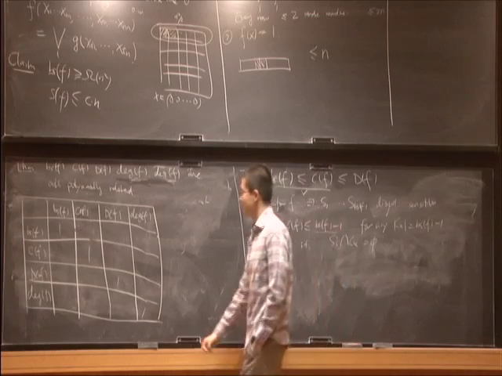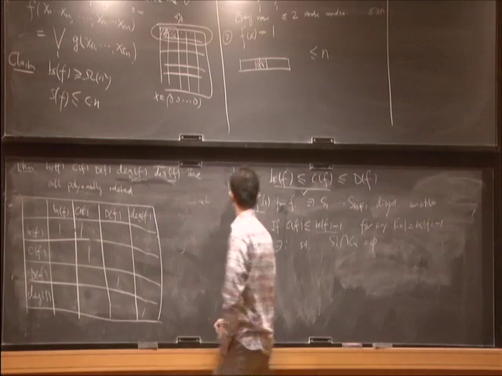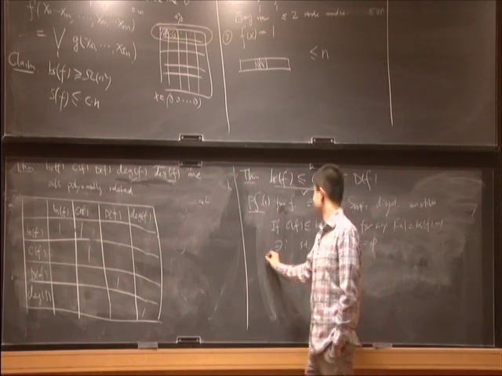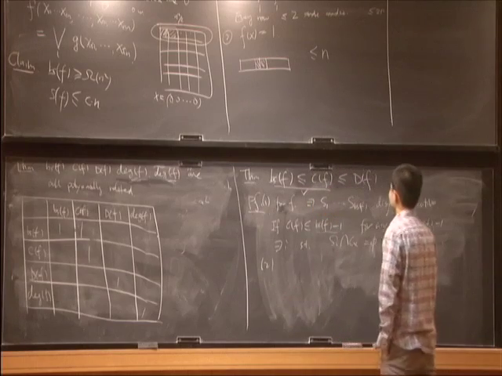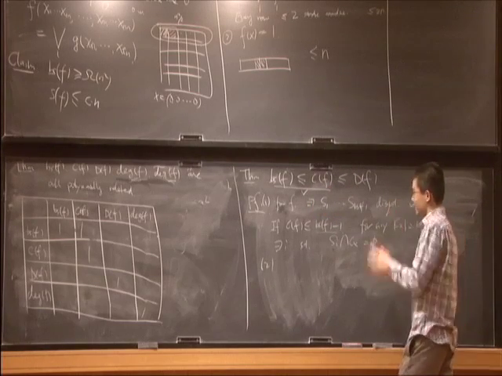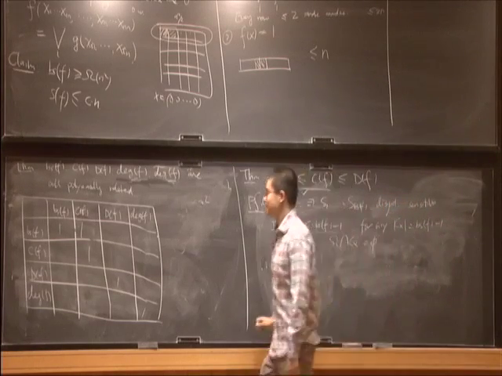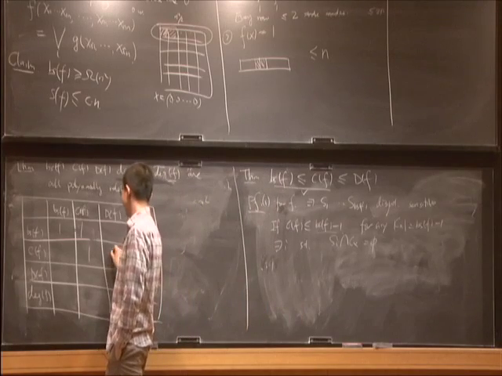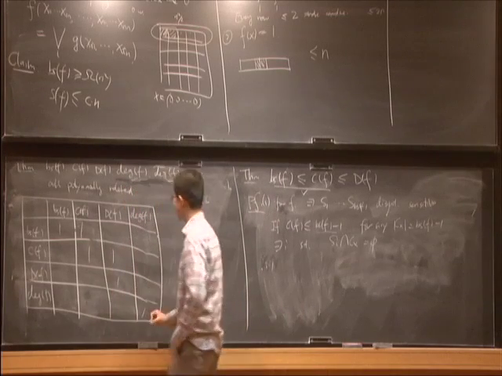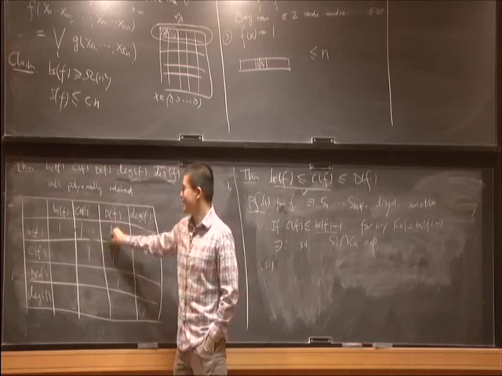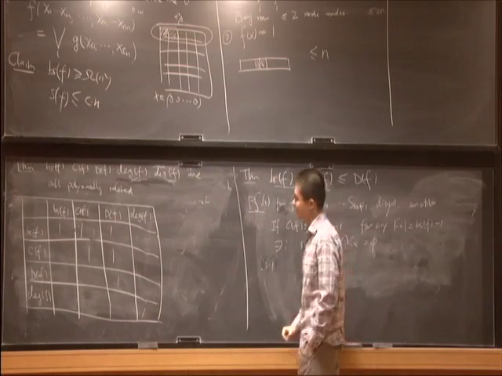Okay. So the second part is also easy, so I can skip this part probably. It's much easier. I can also add 1 here because of this relation.